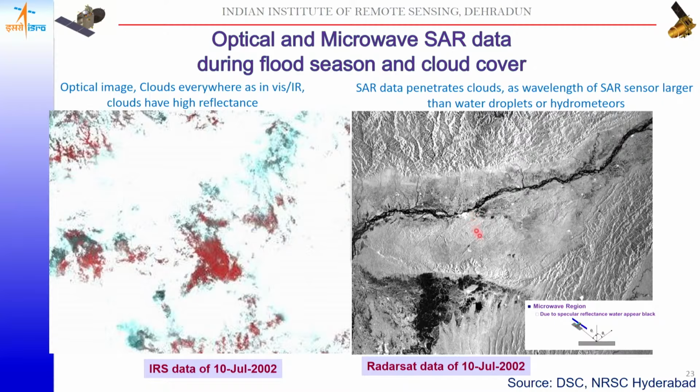And similarly, in case of floods, the entire area will be covered with cloud, so optical data may not work. So what we use is the radar data, as the radar is in the microwave domain, and in the microwave, water is a highly scattering surface due to the polar nature of the water molecule. However, most of our radars work in a side-looking geometry, so although water is highly scattering, roughness-wise it is very smooth.